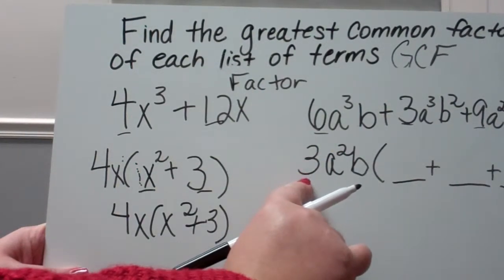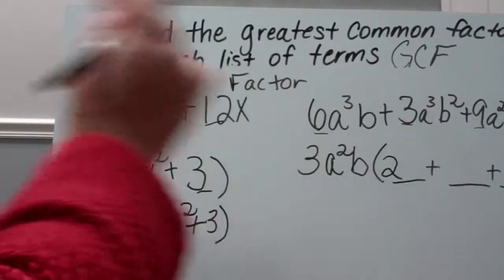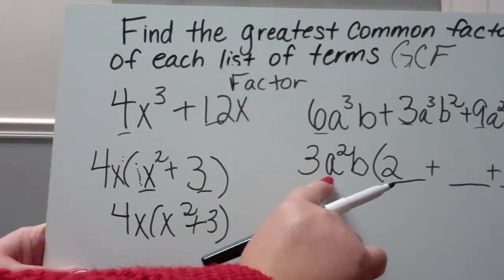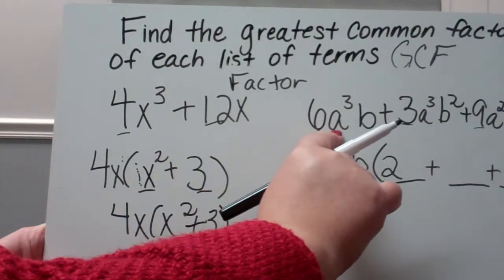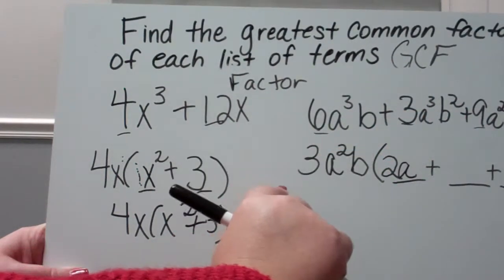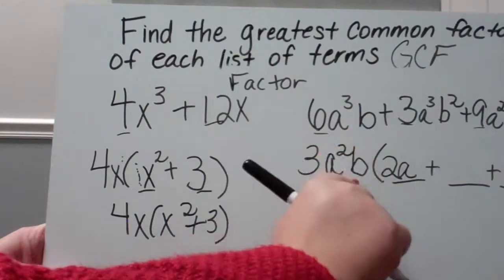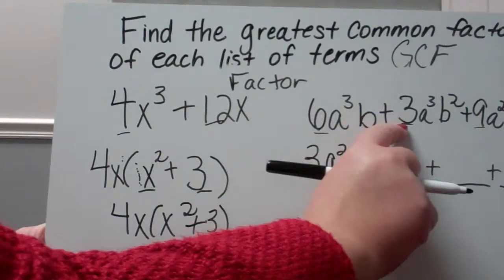Okay, so if I divide 3 into 6, gives me 2. A squared, if I take out a squared, that leaves me with a to the 1. If I take out that b to the 1, I don't have a b left. Okay, 3 will go into 3 one time.